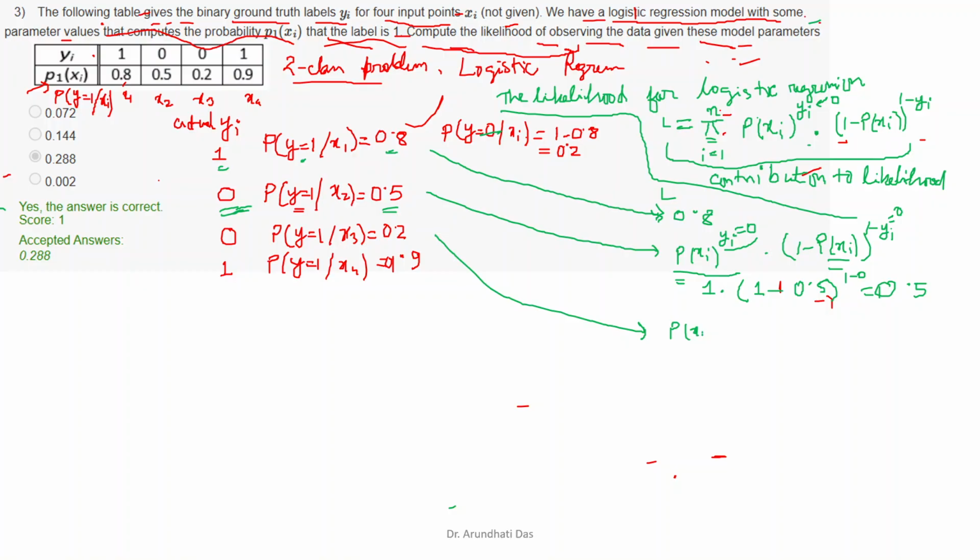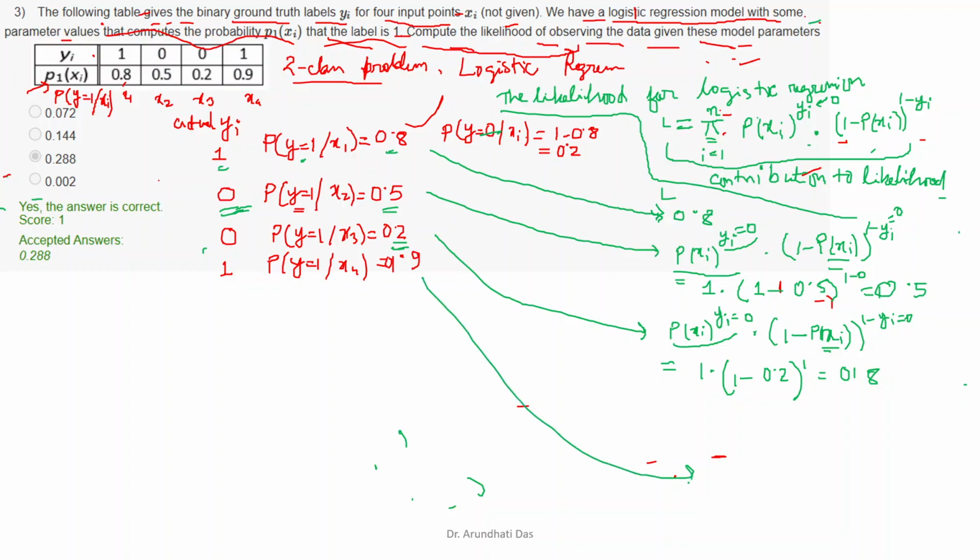The actual label is 0, so p(xi) raised to yi becomes 1, multiplied by 1 minus p(xi) raised to 1 minus yi, which is 1. The p(xi) value is 0.2, so 1 minus 0.2 gives 0.8.